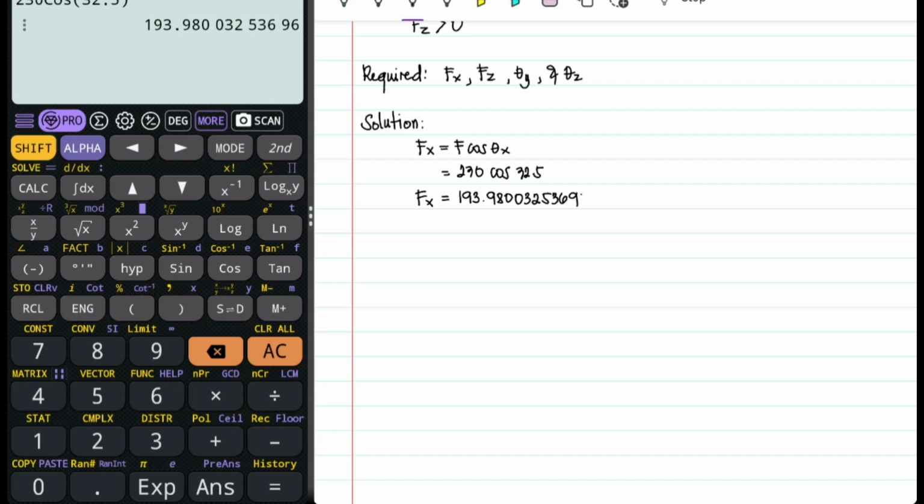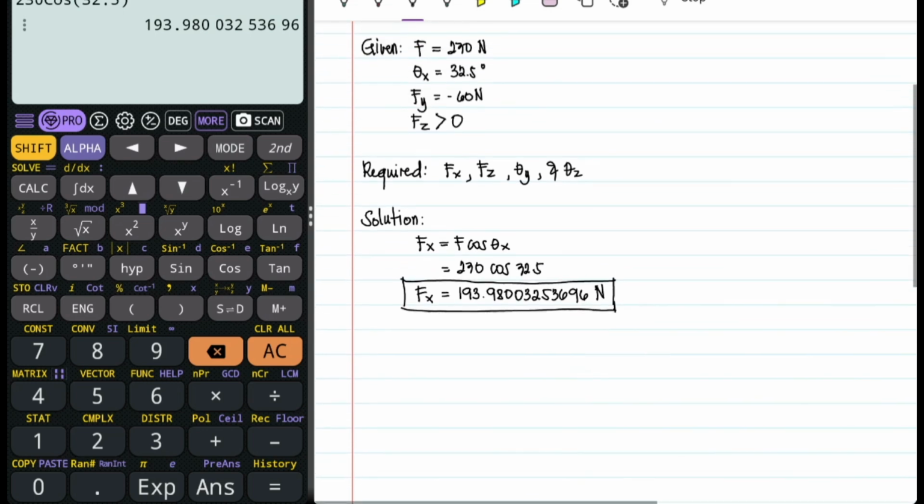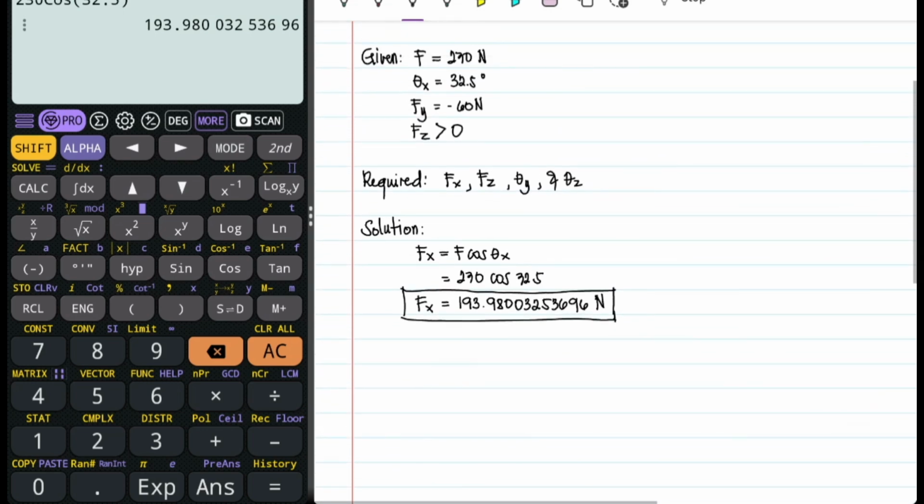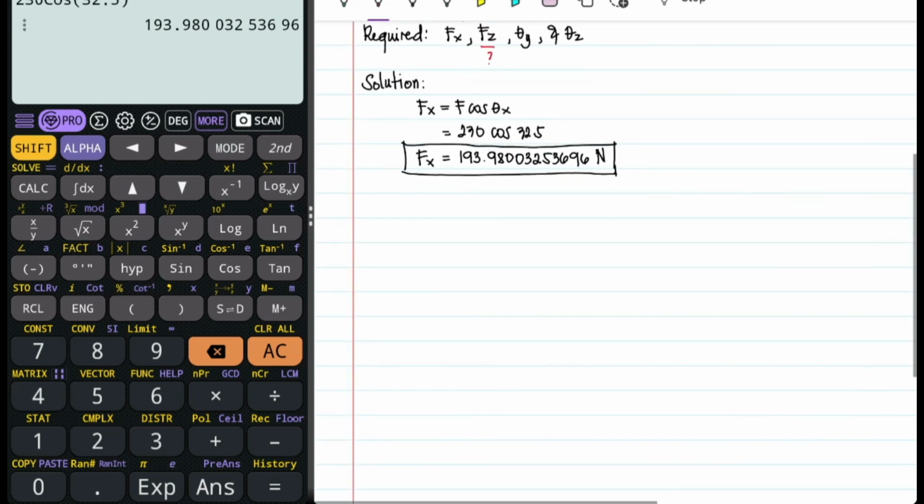Okay, having calculated f sub x, we also have F. At the same time, we also have f sub y, right? But we don't have f sub z. We also don't have the angle gamma, or theta sub z, right? So what we can do here is look for other formulas that show the relationships between the three force components, or rather the four forces.